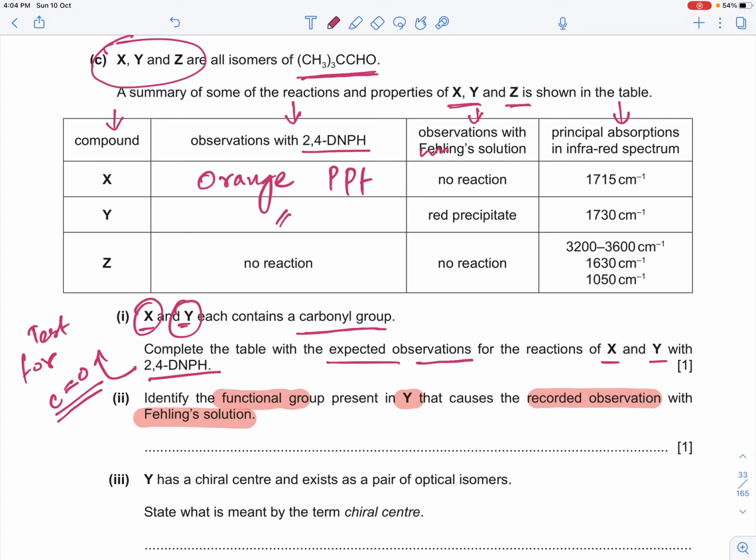So Fehling solution will react with an aldehyde but not with a ketone. So X gives no reaction with Fehling solution. That means X is not an aldehyde, it is a ketone. And Y gives a red precipitate with Fehling solution. So that means Y is an aldehyde, right? So the functional group of Y is aldehyde.